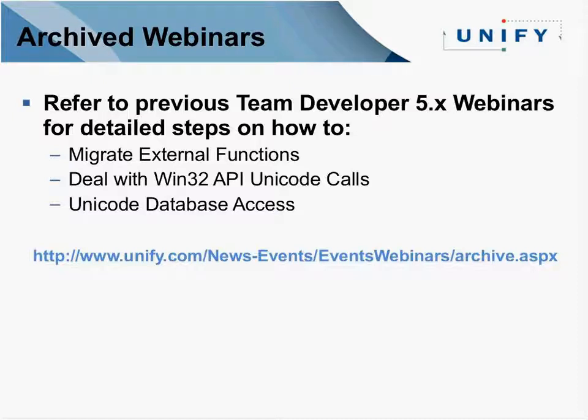So if your application uses those functions, please go ahead, take a look at those archived webinars because they explain in detail all I talked about in this presentation now as a quick overview. And I have a URL, a link on my slide. This is where you have to go if you want to access those archived webinars.